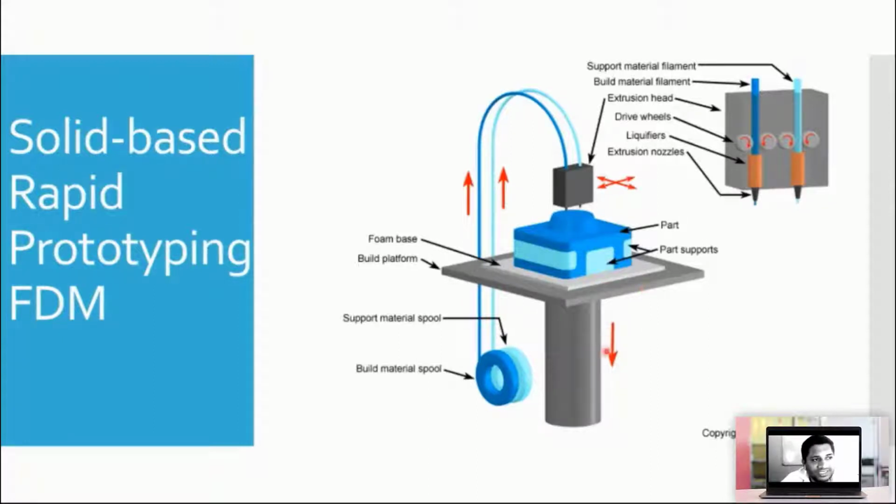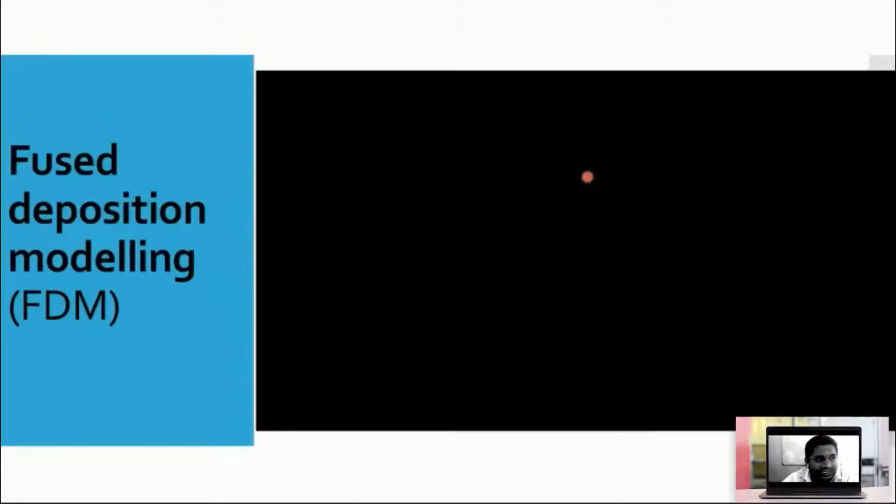We've got a z-axis for the table, and the filament is fed by a rotating system, and the nozzle head moves in the x and y directions. So let's take a look at a video and see how this FDM works.